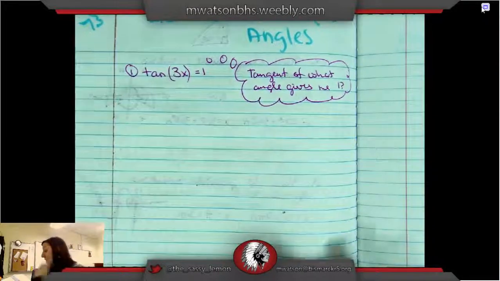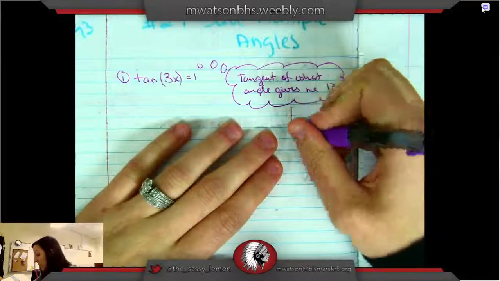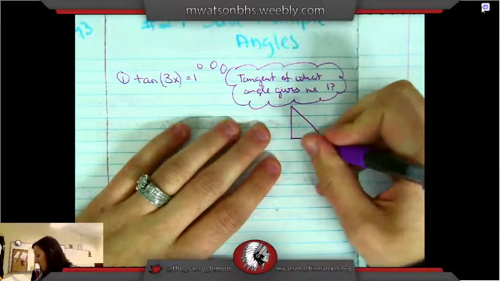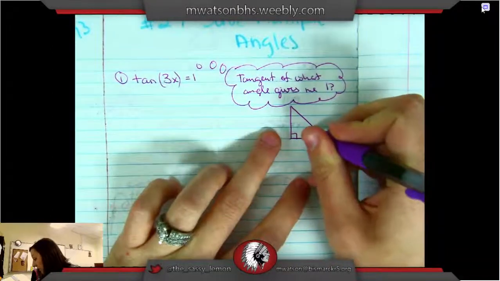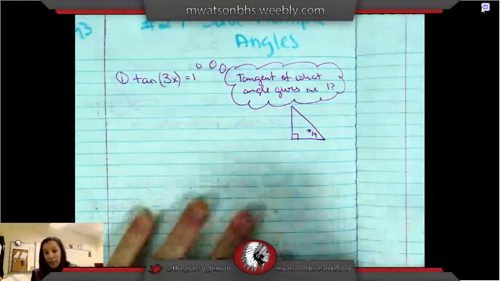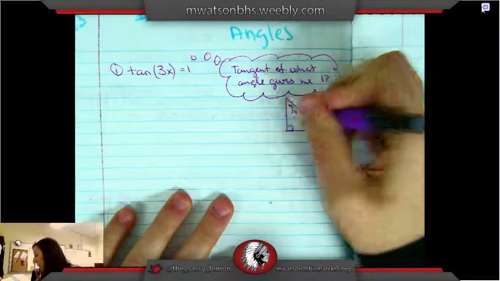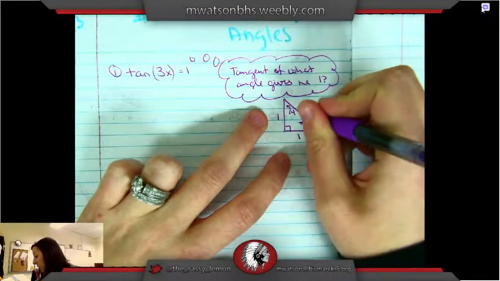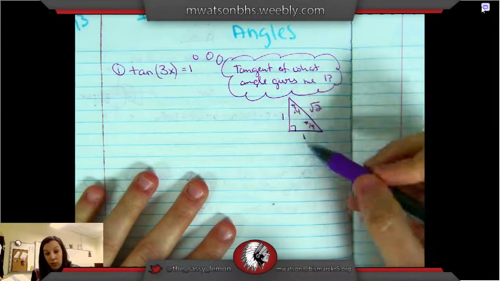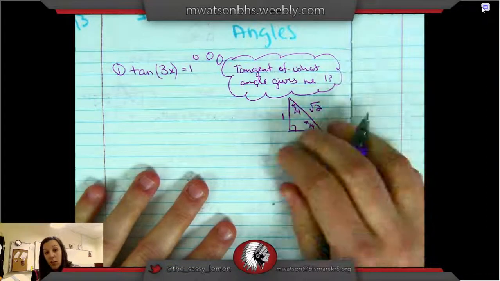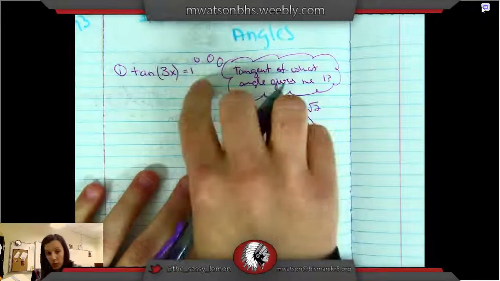So if you think about that for a little bit, you got to think about your two triangles. But I know this one because I've seen it a ton of times. It's going to be our 45, 45, 90 triangle, or pi over 4, pi over 4 triangle. Because we've got 1, 1, square root of 2. So tangent of pi over 4 is 1 over 1. So we know that the angle pi over 4 makes this equation true.